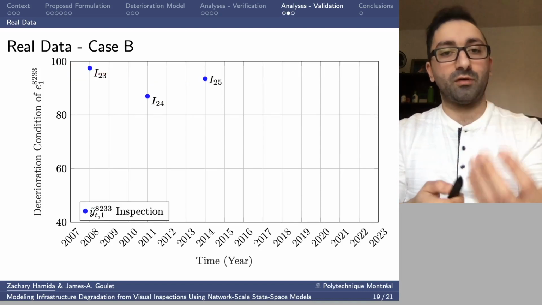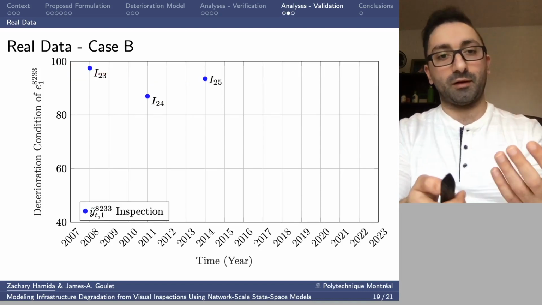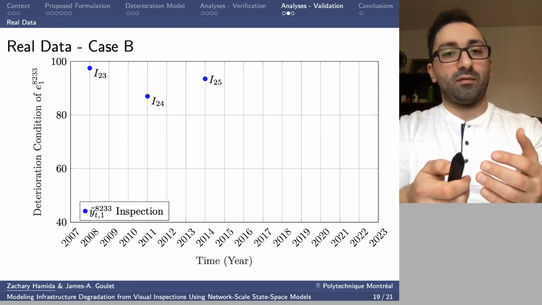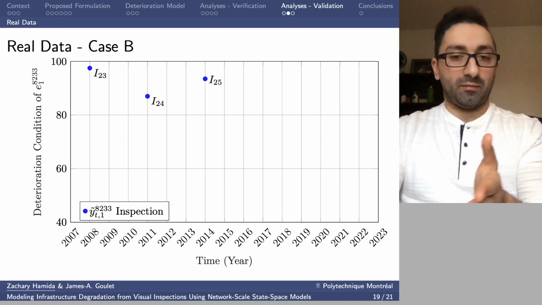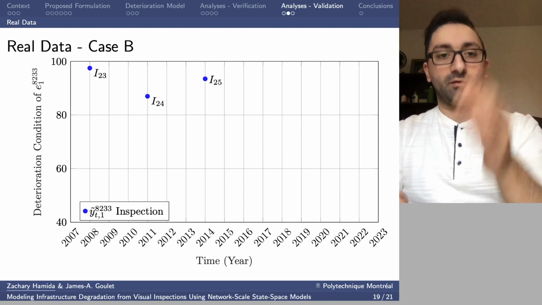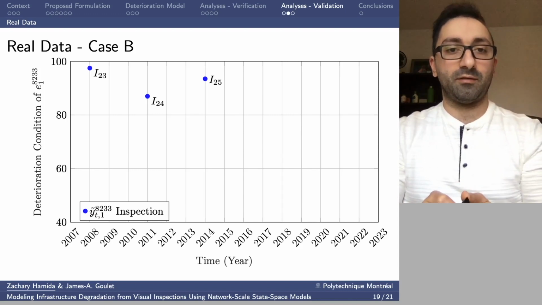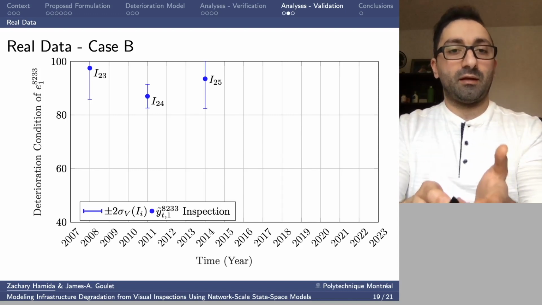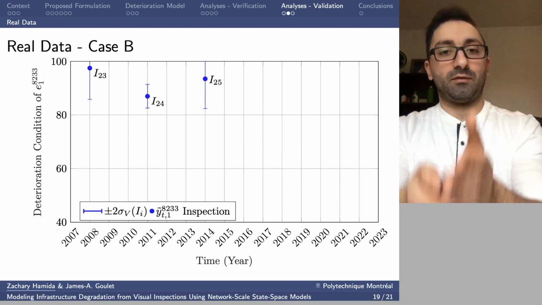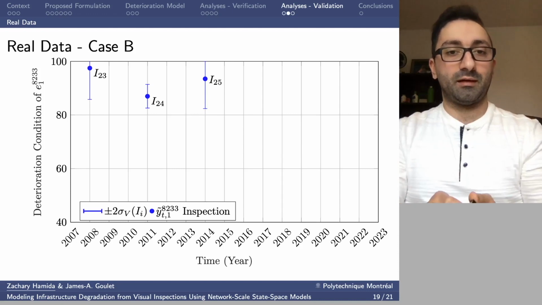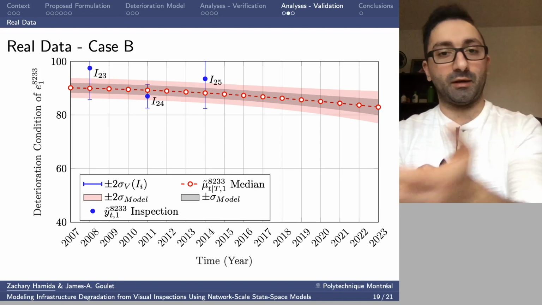If we go to a more challenging case where we have 3 inspections again, and the timeline again on the x-axis, the condition is on the y-axis, and the uncertainty associated with each of these inspectors is represented by the blue vertical line, the model prediction and forecast by the red dashed line.